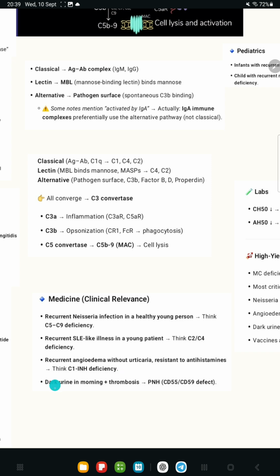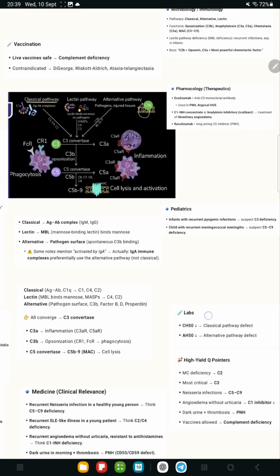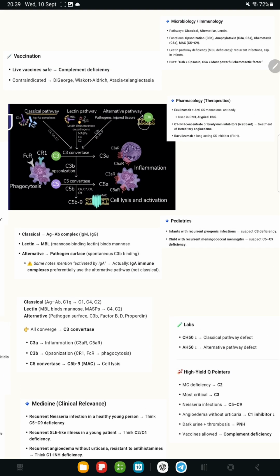Any patient presenting with dark urine in the morning and thrombosis, think about PNH, CD55, CD59 defect. Then from the pediatrics point of view, any infant coming with recurrent pyogenic infection, suspect C3 deficiency, and a child with recurrent meningococcal meningitis, suspect C5 to C9 deficiency.